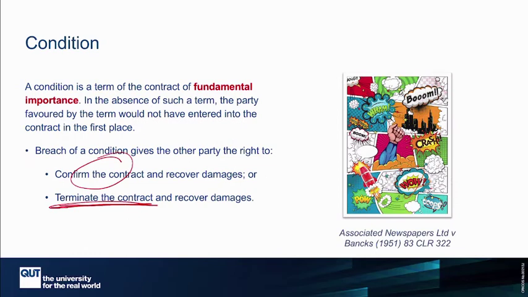So we have two cases here. The case for condition is Associated Newspapers and Banks, and it was a case about cartoons, actually. I think there was a very famous cartoon called Ginger Meggs, and the cartoonist was deciding which newspaper to put their cartoons in. And you might not remember, but newspapers used to have a supplement that you would pull out that had all the cartoons in it.